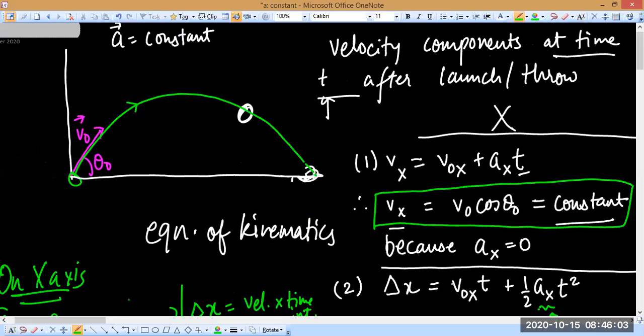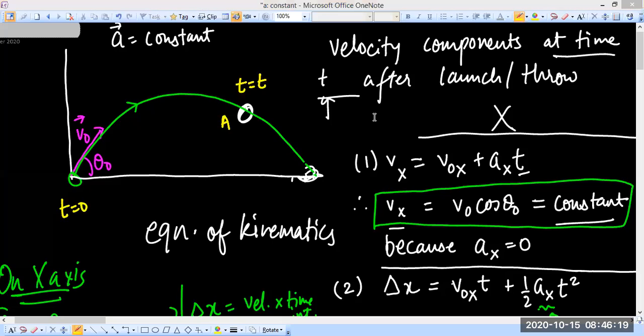Suppose that after you throw it at time t equal to 0, this thing reaches here at time t equal to t. Suppose at this point A, okay, let's call that point A. Then what is going on is that at this point when it reaches A, how much is the horizontal displacement?